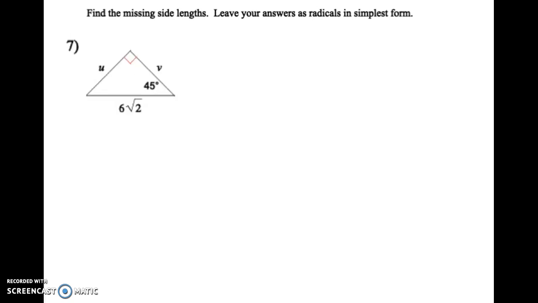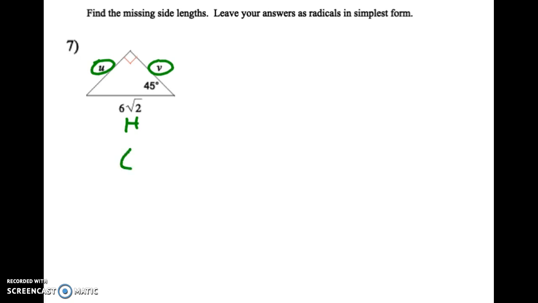If we jump to number 7, this is our other 45-45-90 triangle. If we locate the two sides that are the same length, it's actually going to be the u and the v. So the 6 square roots of 2 will be the hypotenuse.